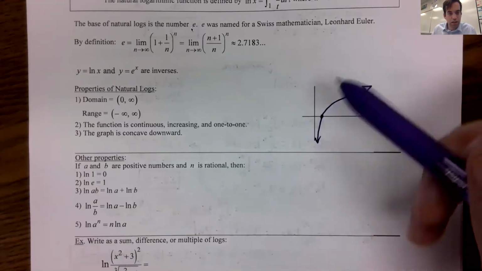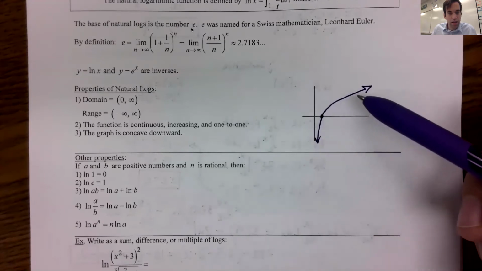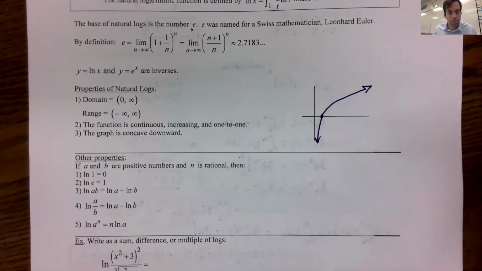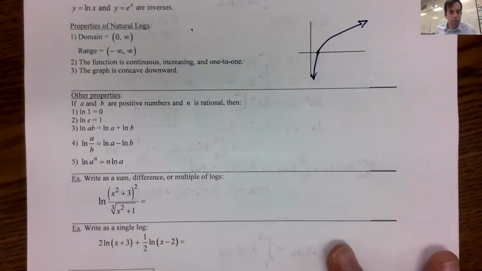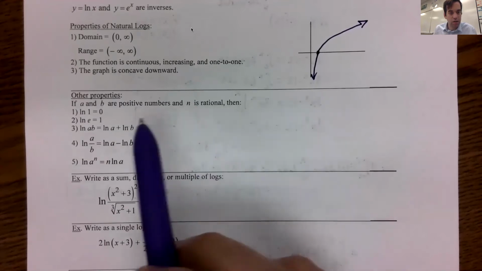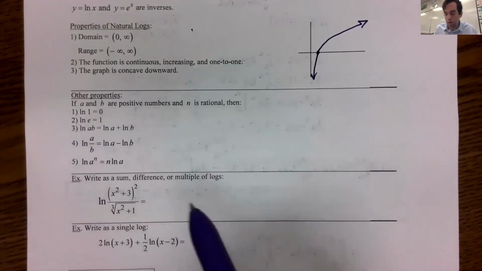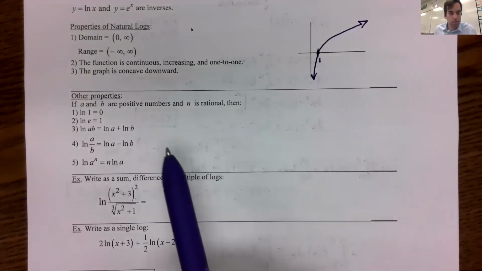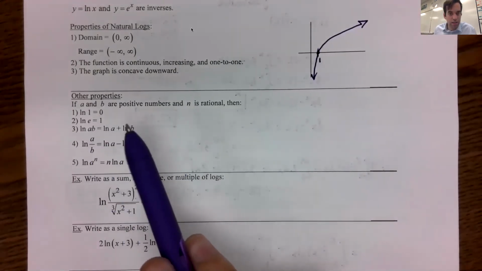The function is continuous, increasing, and one-to-one, and it's also concave down for the entirety of the graph. Other properties. If a and b are positive numbers and n is rational, then the natural log of 1 is 0. So this is at an x value of 1. The natural log of e is 1.